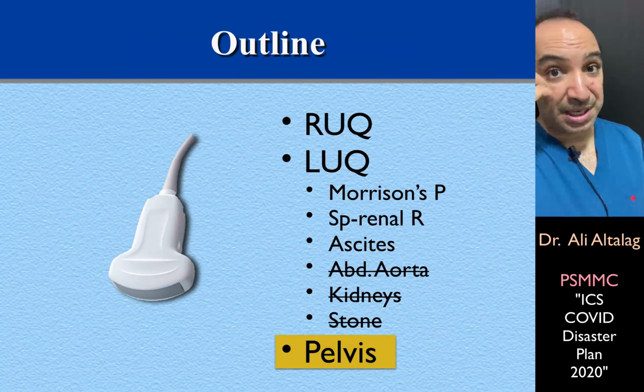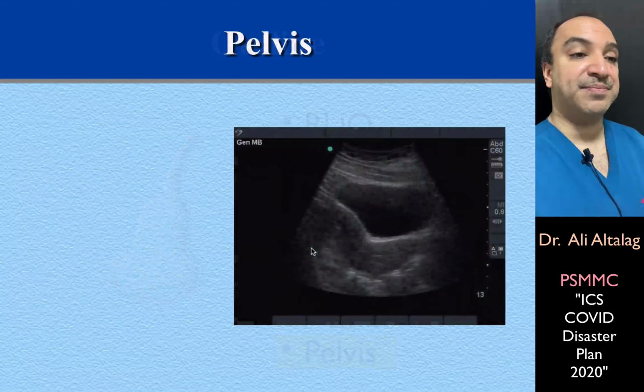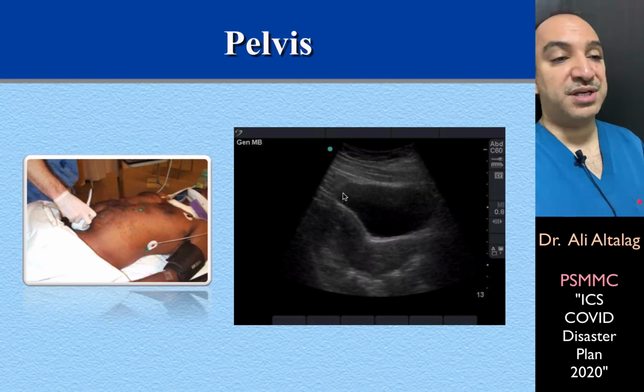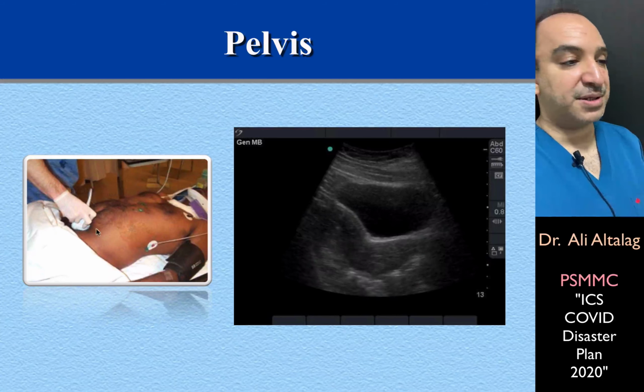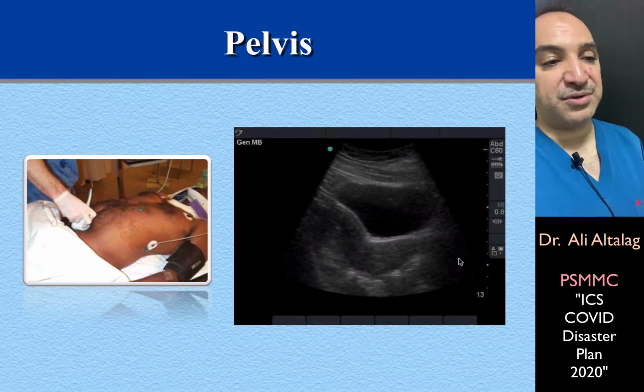Now going to the pelvis. In the pelvis, what we do is that we examine the urinary bladder. The head is towards this side, the legs are towards this side. This is a man. This is how the transducer is in fact oriented.